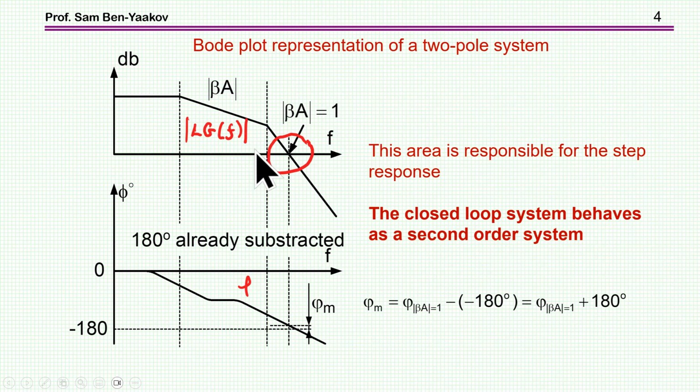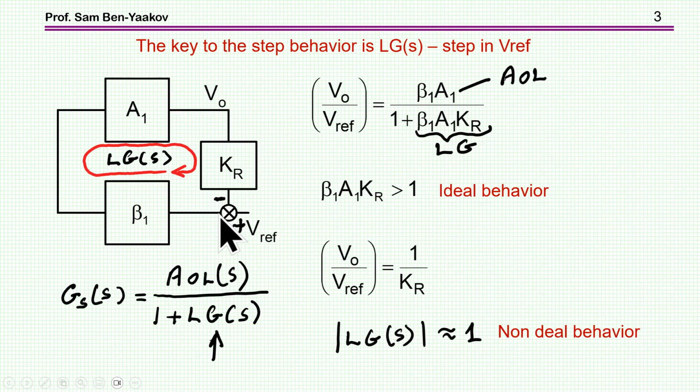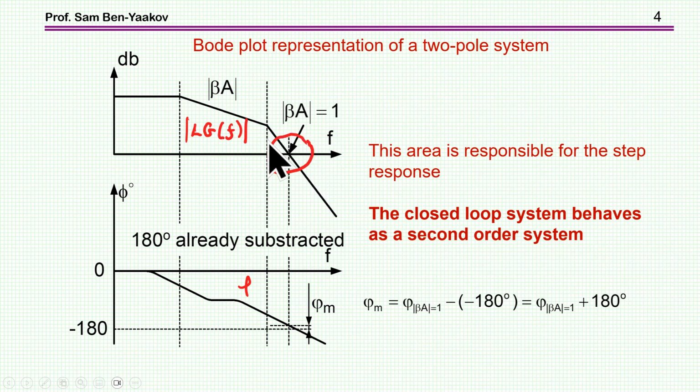In fact, overshoot, oscillation, and stability really depend on the phase margin. We'd like it to be 45 degrees or larger. And we're talking about phase after actually subtracting the 180 degrees of the system itself. That is already built in, so this is why it is plus, otherwise it should have been minus. So this area here is really responsible for the dynamic response of the system in closed loop.